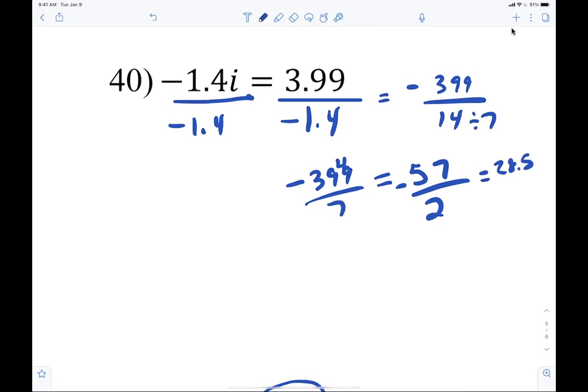Evan, come on, man. 28.5 and 57/2, are they the same? You just divided the decimals. I just left it as a fraction. Here's what you're asking me. Is 1/2 the same as 0.5? Because you just divided 1 by 2 to get 0.5.